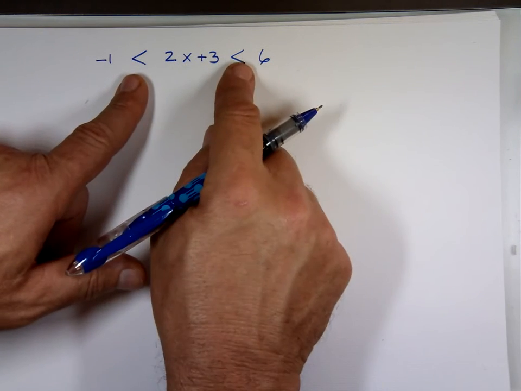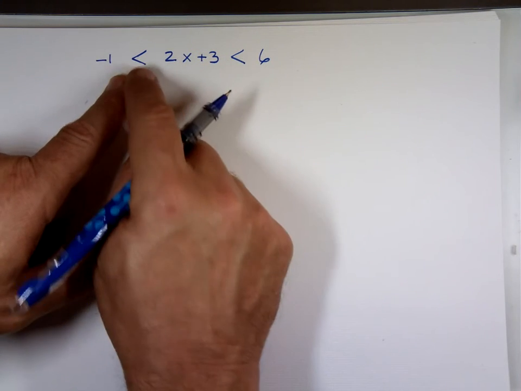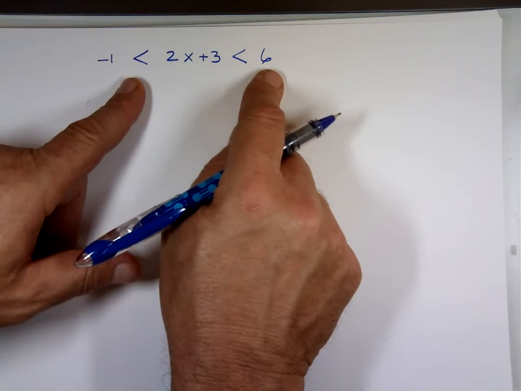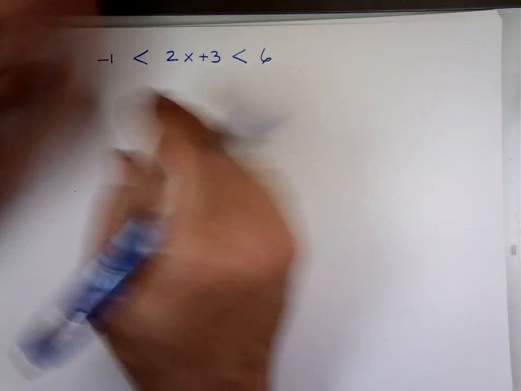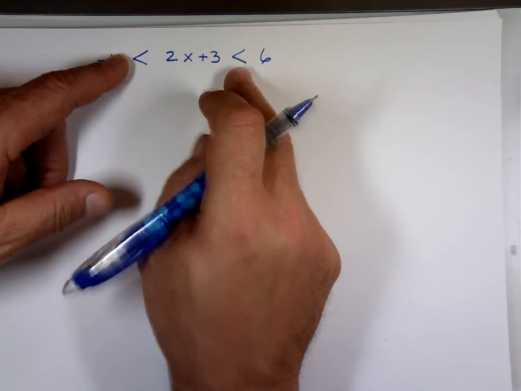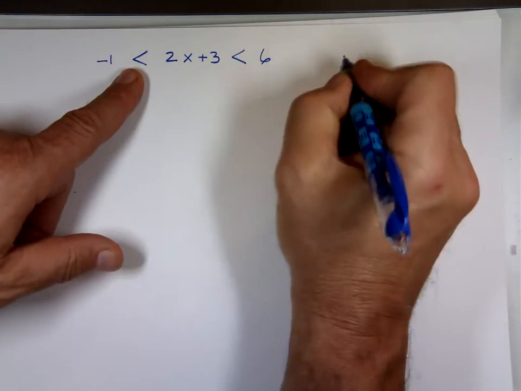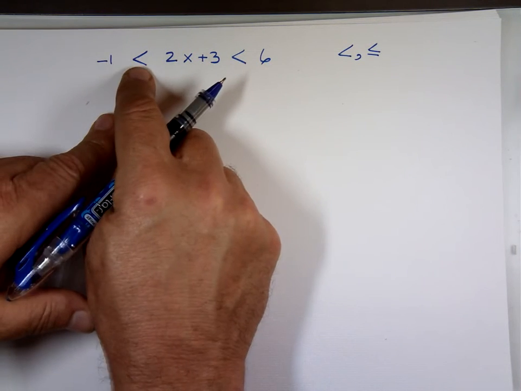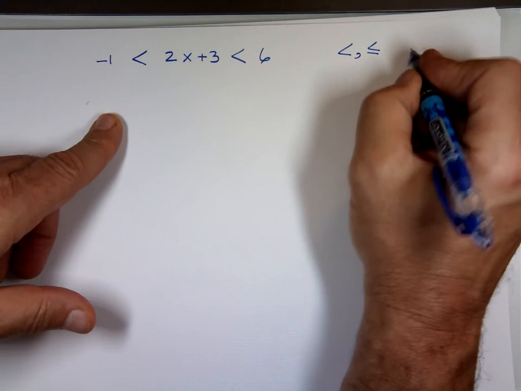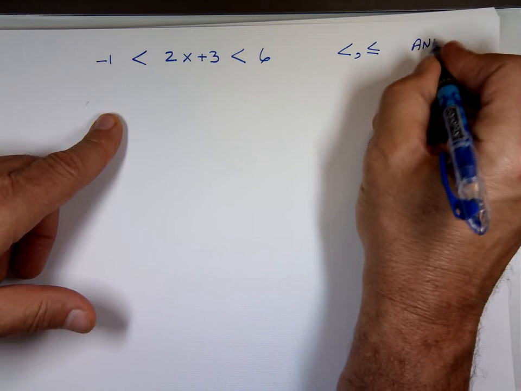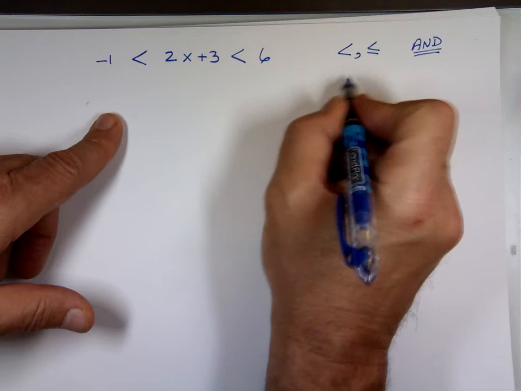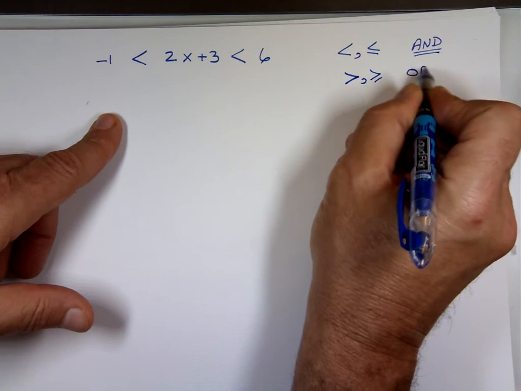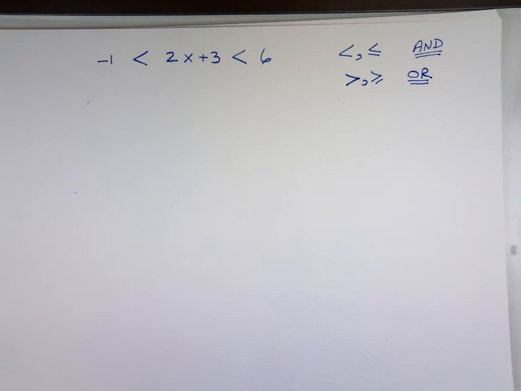It's either less than and less than or equal to, either less than less or greater than greater than. But you're not going to see less than here and greater than there. So if you see less than like this one, or less than or equal to, that says that's an AND operation. If you see greater than or equal to, that's an OR operation. Again, difference between AND and OR.